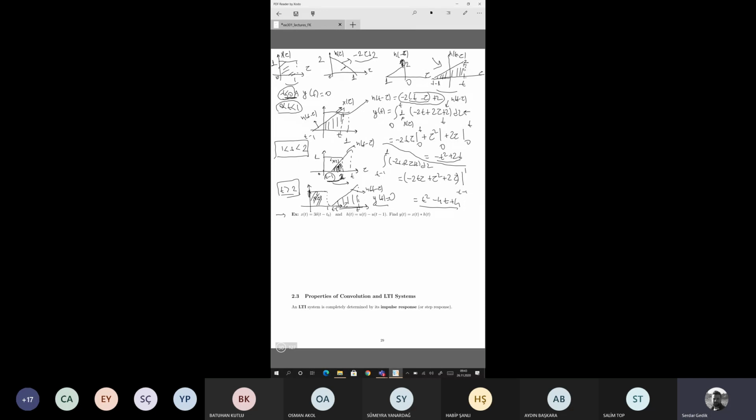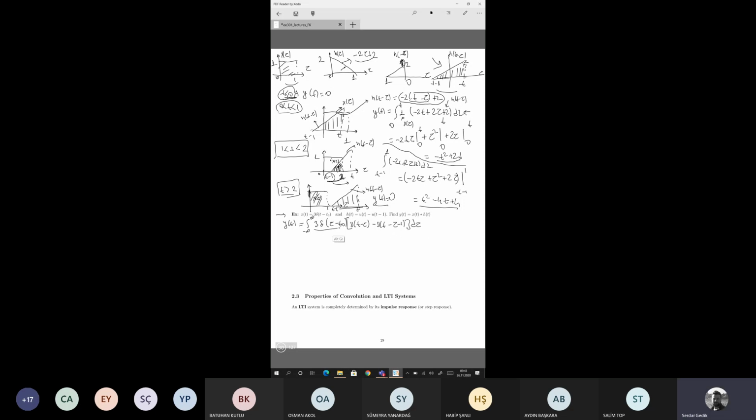The next example tells me that x of t is 3 times impulse t minus t0, and h of t is u of t minus u of t minus 1. So what is the output, y of t? I will again use the general formula for convolution, and y of t is simply the integral from minus infinity to plus infinity of 3 times impulse tau minus t0, times u of t minus tau minus u of t minus tau minus 1, d tau.